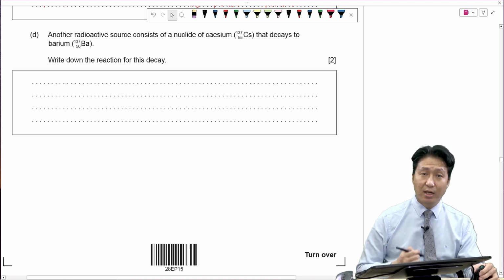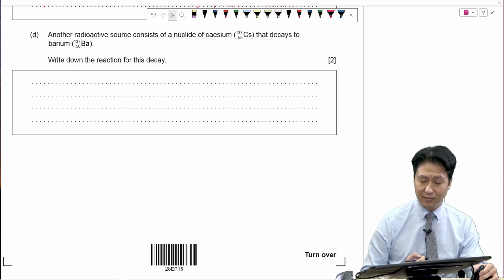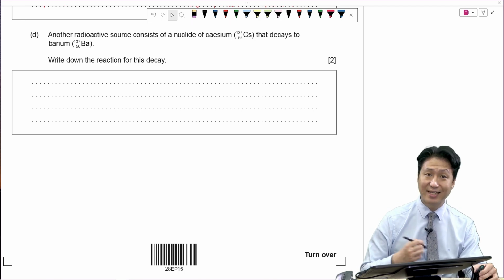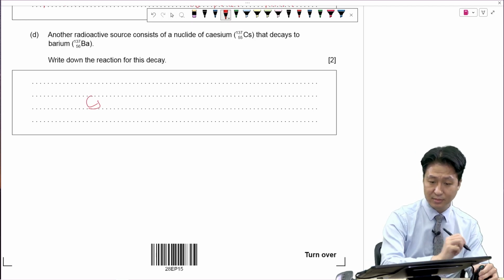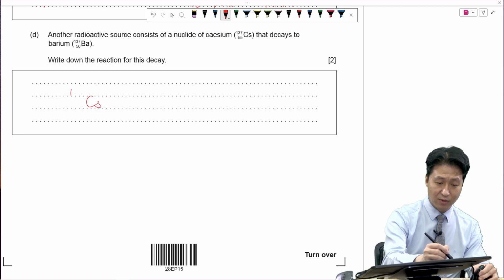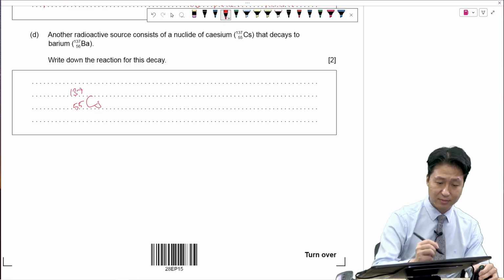Part D, another radioactive source consists of a nuclide of cesium 137 that decays into barium 137. Write down the decay for this reaction. So you start with cesium, which is 137 and 55 protons.